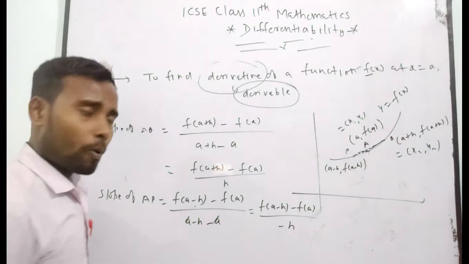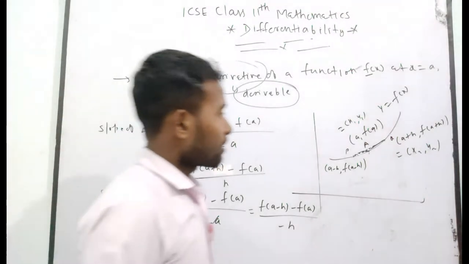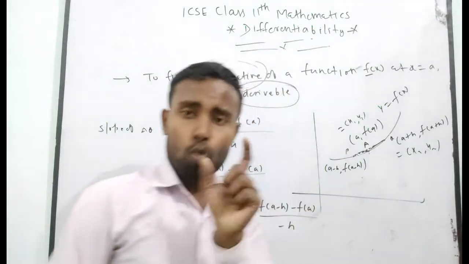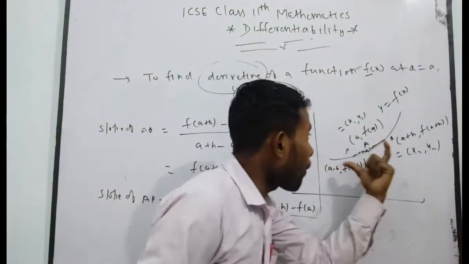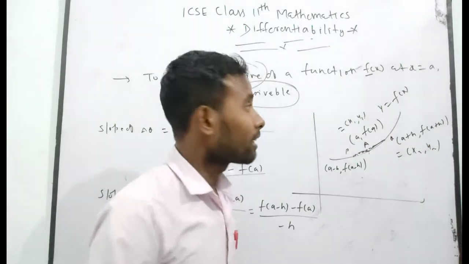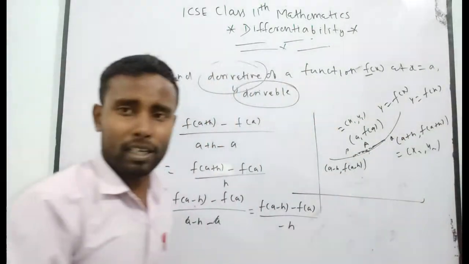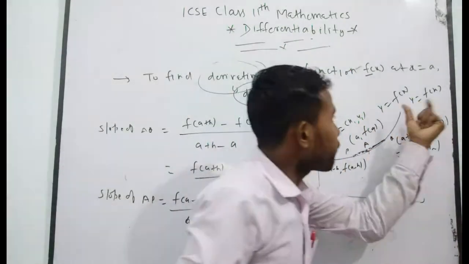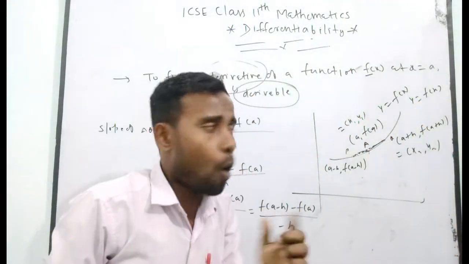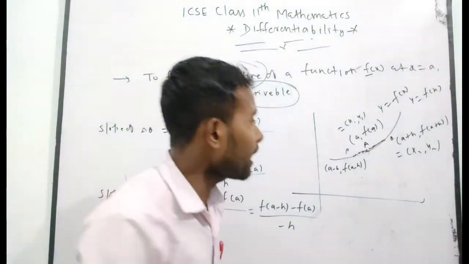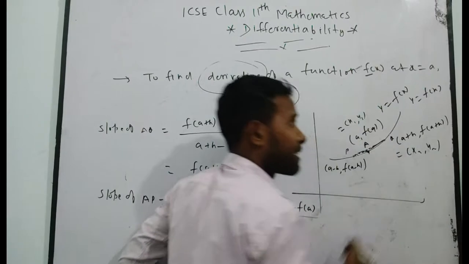Now, as you know, you have to find the slope of y equal to f(x). What is your goal? You have to find the slope of y equal to f(x) at x equal to a, where a is this point.